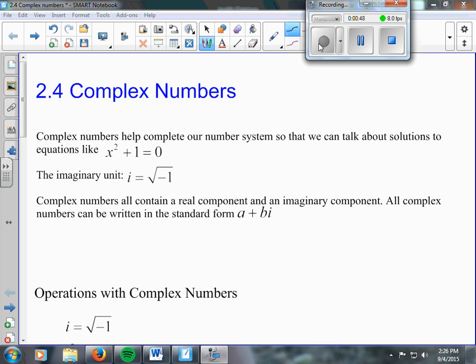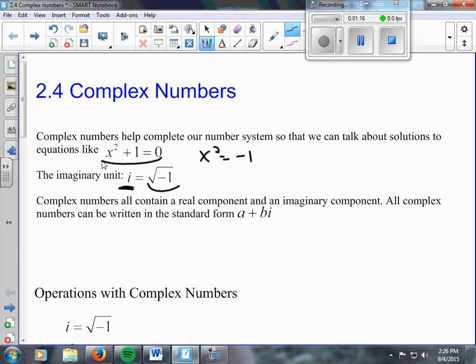Okay, and one of the things complex numbers do is solve equations of the form x squared plus 1 is 0, or x squared is negative 1. The number that, when squared, is negative 1 is the imaginary unit, or the square root of negative 1, and we use the symbol i for that.